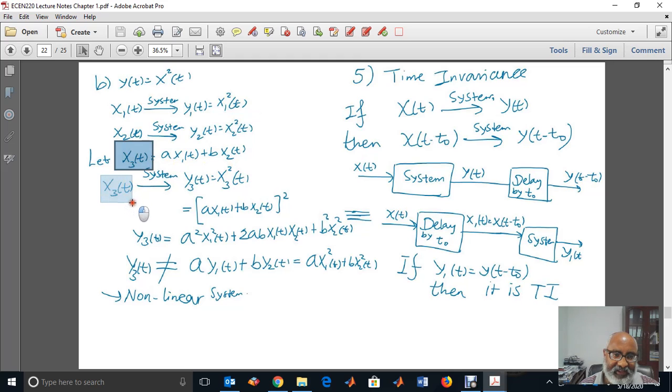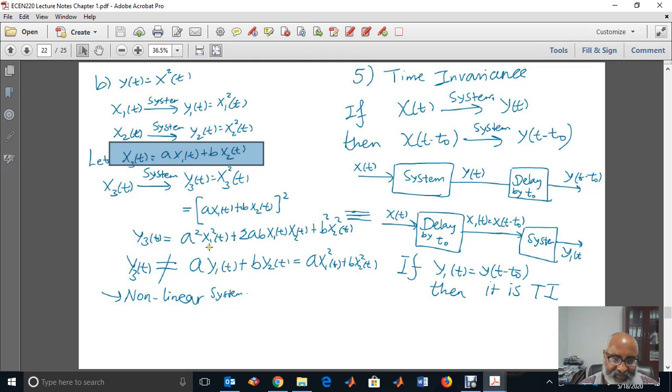If I give x3 of t, from the original definition, what do we get? We get y3 of t equal to x3 squared of t. Then we substitute the combination of x1 and x2. So we have a x1 of t plus b x2 of t, the whole squared, which means a squared x1 squared of t plus 2ab x1 of t times x2 of t plus b squared x2 squared of t.